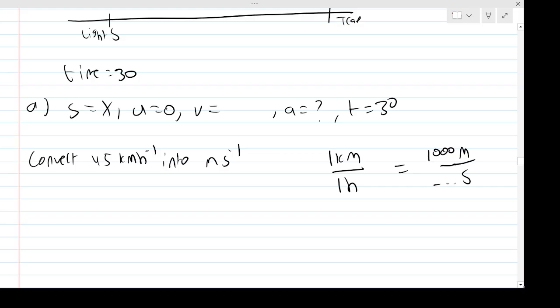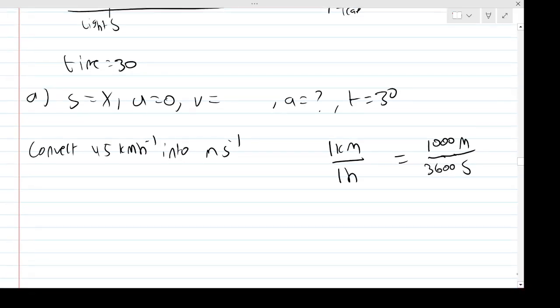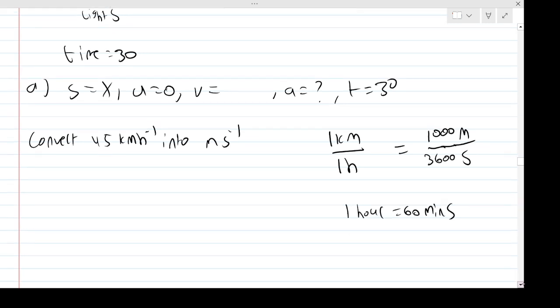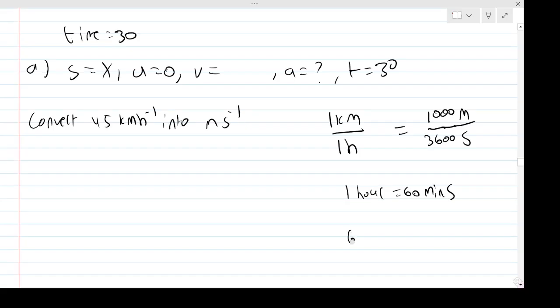1 hour is actually going to be 3,600 seconds. Now, if you're not sure about that, remember that 1 hour is 60 minutes, and also remember that 60 seconds is 1 minute.